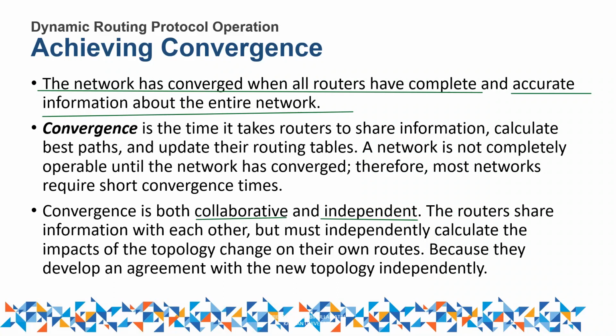It means they are not collaboratively sharing information, okay? After sharing that information, independently means each router will use that information to choose the best path, because calculating the available information and choosing the best path is the router's responsibility, where the router is individually responsible to do this, okay? Okay, sir, thank you. Now it's clear.